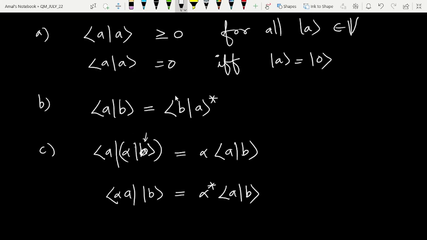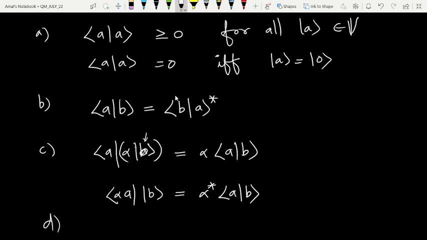So if a scalar is multiplied with the second vector, that comes out, but if the scalar is multiplied on the first vector, it comes out as a complex conjugate.